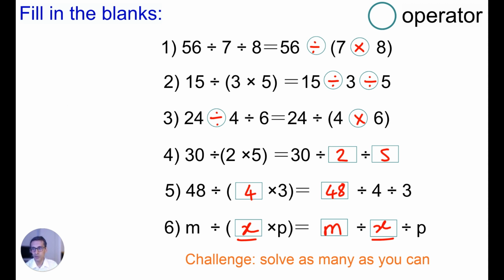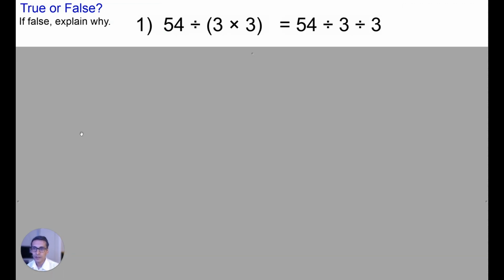Okay, let's try a true or false. All right, so for this, we're going to decide whether it's true or false. Pause the video for each question and then decide whether it is true or false. So for question 1, I'm going to expect you to have made a decision about this, and I think in this case it is true because you can see a divided by b divided by c is the same as a divided by b times c.